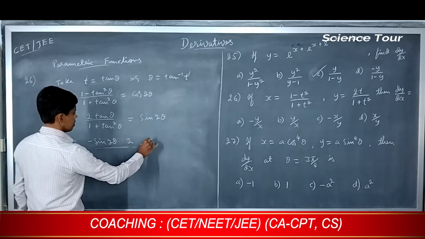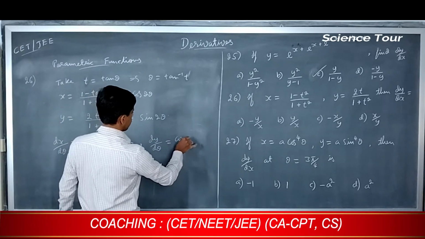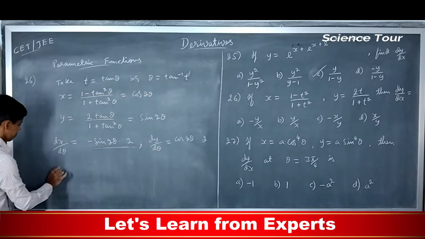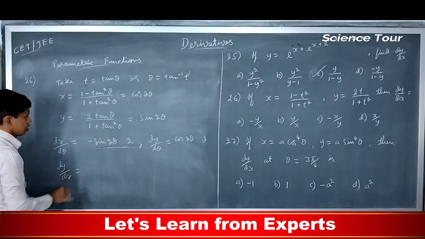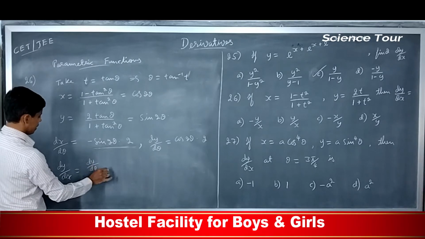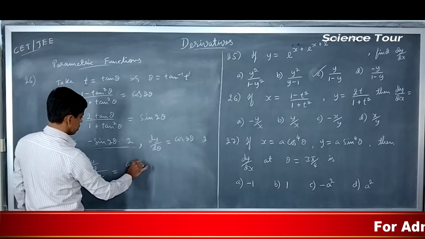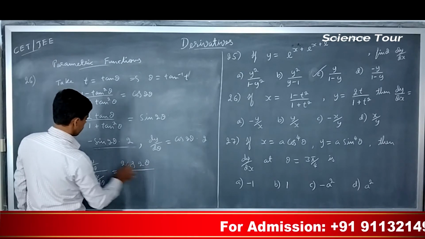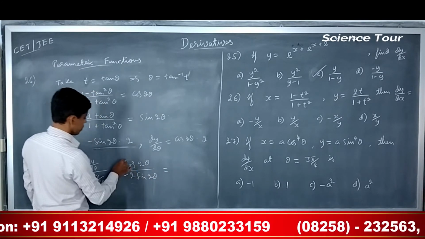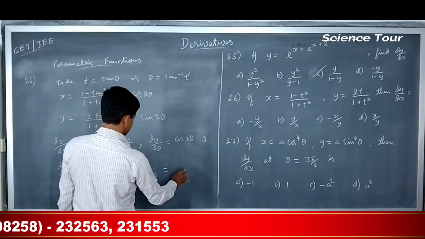So what is dy by d theta? Derivative of sin is cos 2 theta into derivative of 2 theta is 2. Now finally, what is dy by dx? Dy by d theta first, correct, divided by dx by d theta, hence this is cos 2 theta into 2 divided by minus 2 and then sin 2 theta, can cancel out 2, cos by sin is cot.